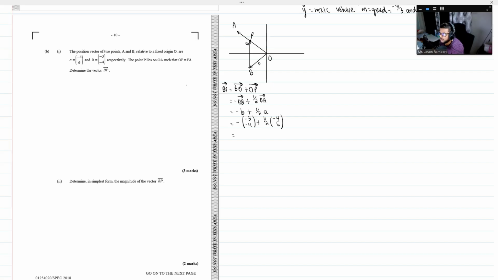This is going to be 3 plus negative 2, or 3 minus 2. So let me write it down now. So this is going to be 3 minus 1/2 of minus 4, which is 2. And minus 4 is plus 4, plus 3. And I'm going to get 1, 7.